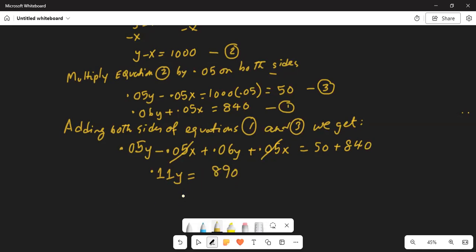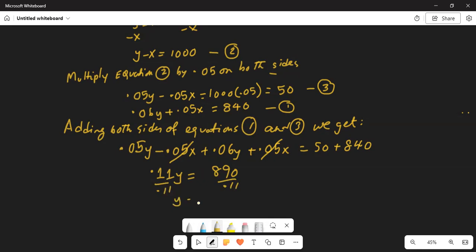Now it is 0.11 times Y. I have to separate the constant 0.11 and keep the Y by itself. Since 0.11 is multiplied by Y, I will divide by 0.11 on both sides.